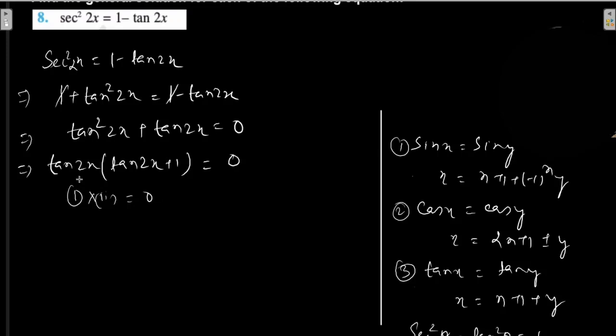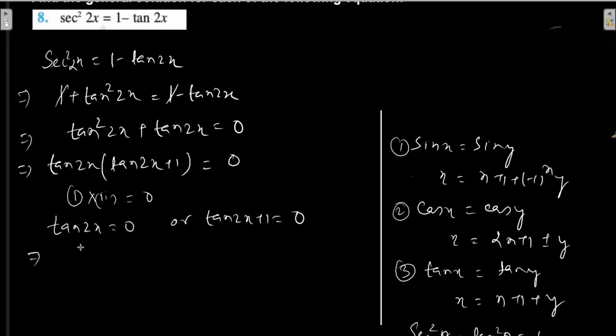And we know that when such case arise, when product of two numbers or functions is 0, individually one of them could be 0 or both of them simultaneously can be 0, right? So when such case arise, what we write? We write either tan 2x equals to 0 or tan of 2x plus 1 equals to 0.